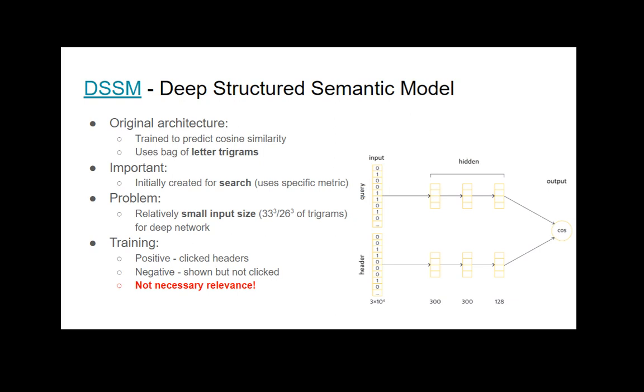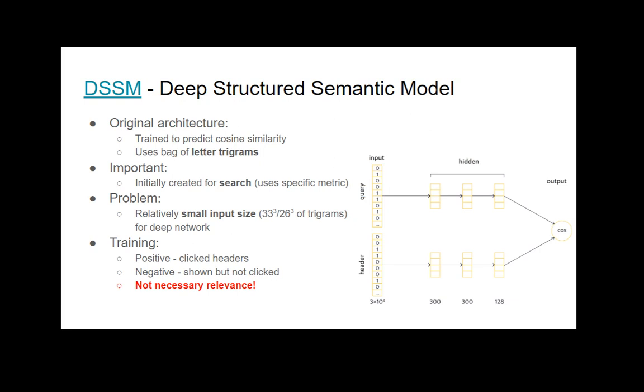But how should we look for zeros in this training set? What should be zeros? The negative was an answer shown in the search engine results, but not clicked. So this was 0, cosine similarity 0, meaning orthogonal vectors.